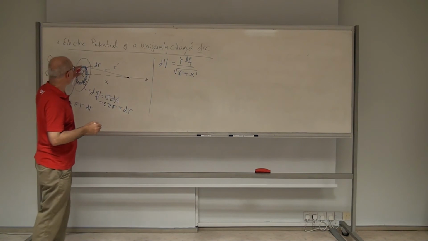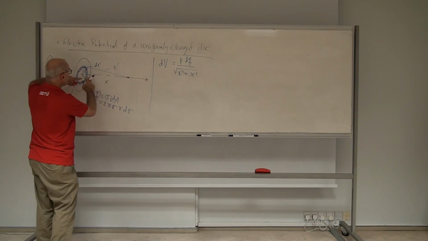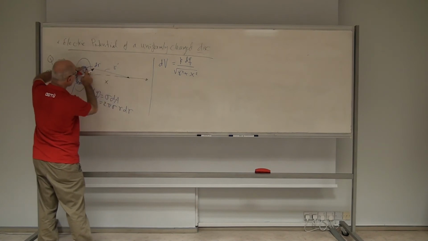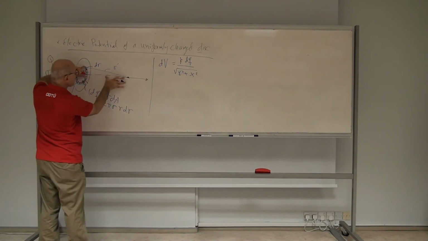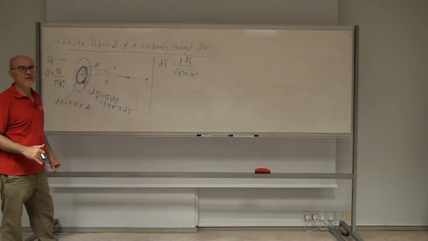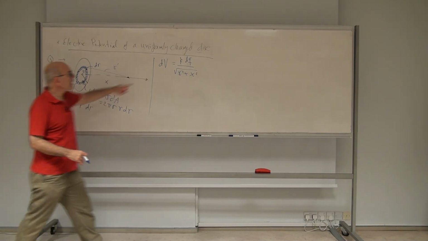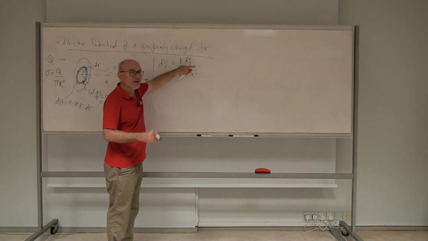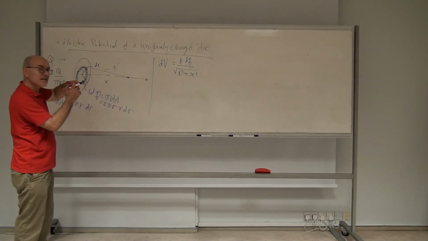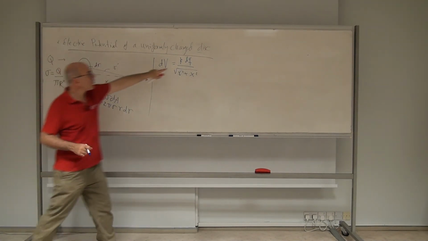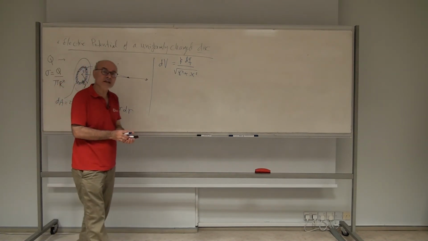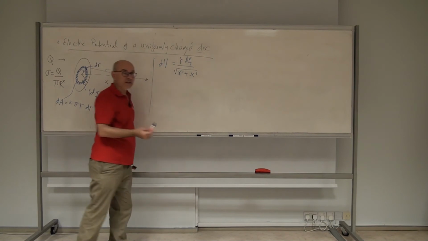So the potential from our previous expression was k dq over this r prime, or k dq over the square root of r squared plus x squared. This is the result for the ring, except now I substitute dq rather than q, because the charge carried by this ring is dq.